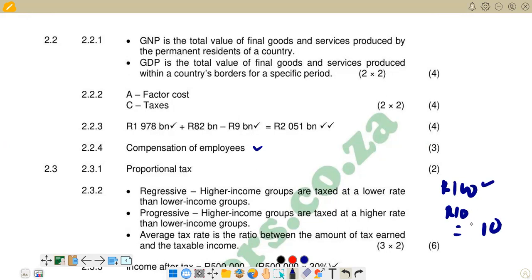Taxable income here is 100 rands, and then the tax amount here is 10 rand. So it becomes 10 over 100. And then if you make it a percentage, multiply by 100 over 1, obviously you are going to get 10%. So that's the average tax rate. So we go to the next question and try to see what it is explaining.